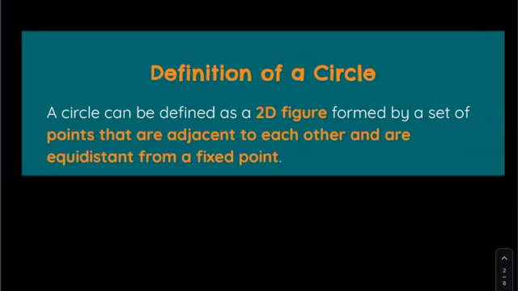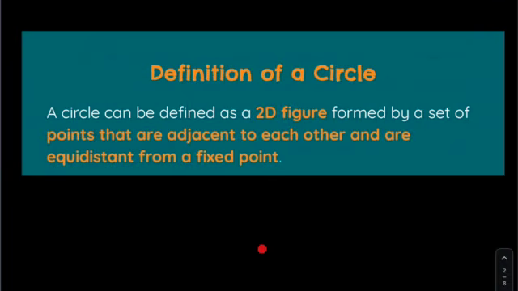And then the other big idea to ensure that these points do form a circle is that they must be equidistant from a fixed point. Equidistant means that they are the same distance away from this point. A fixed point just means that it is not moving, it's staying still. It's one point.